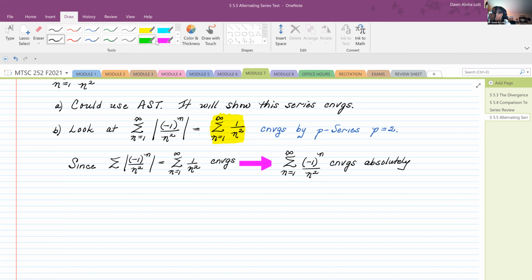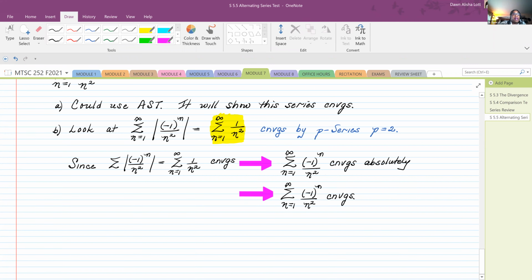And since it converges absolutely, that also means the summation of minus 1 to the n over n squared converges. So if it converges absolutely, it converges.